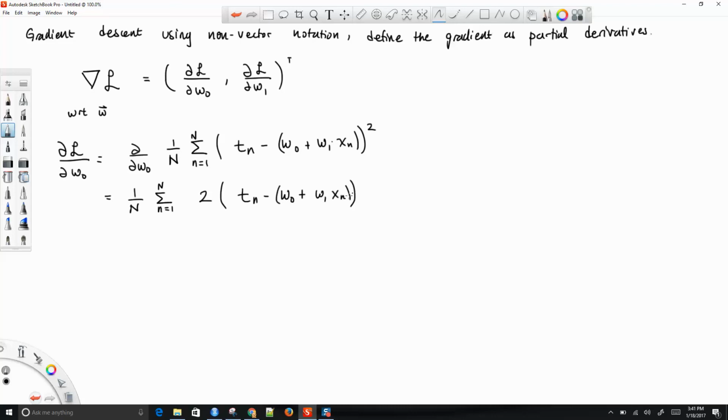And then I'm going to multiply this by -1, chain rule, right? And so this gives me -2 over N. Let me just distribute the negative there. All right, so this is the partial with respect to W0. We can do the same thing with respect to W1.